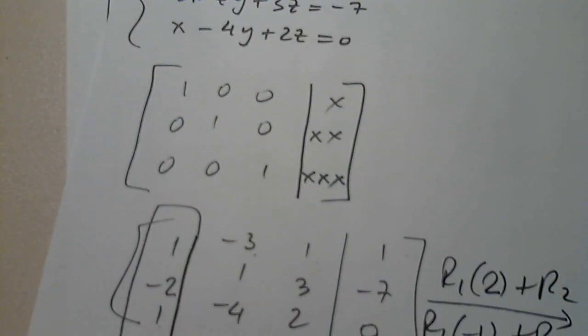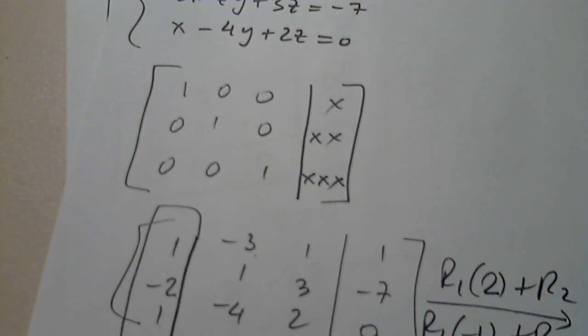So I have 1, negative 3, 1, 1, and then negative 2, 1, 1, 3, negative 7. I'm just curious to see what RREF says. 1, negative 4.